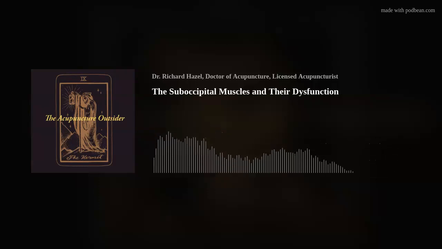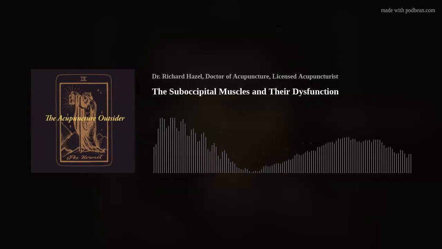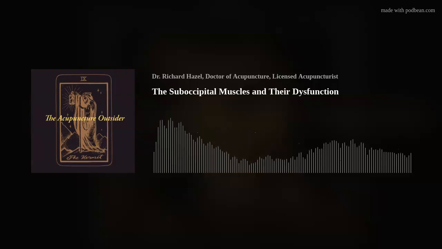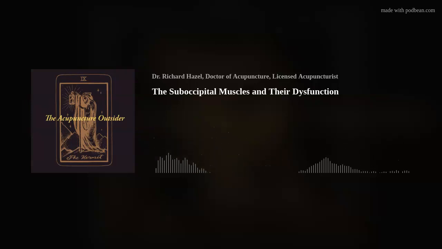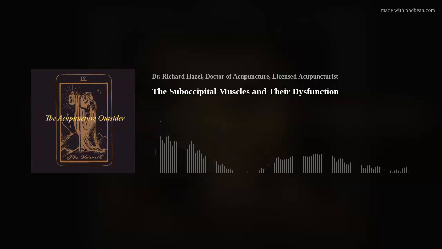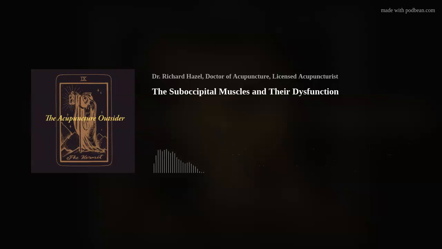So let's start with the rectus capitis posterior major, which primarily, you could say, extends the head back, extends the neck, but I really think it gets engaged a lot on forward head placement. If you want to exaggerate the upper cross forward head placement, you'll feel that rectus capitis posterior major engaging.